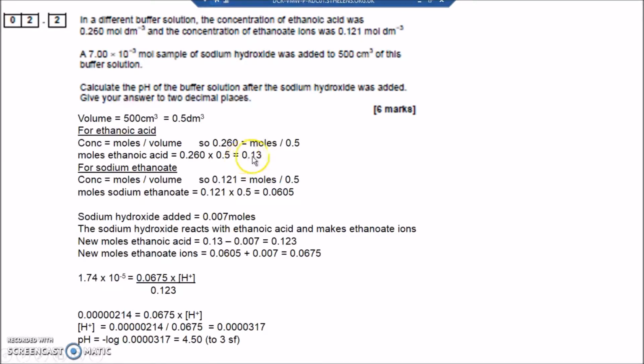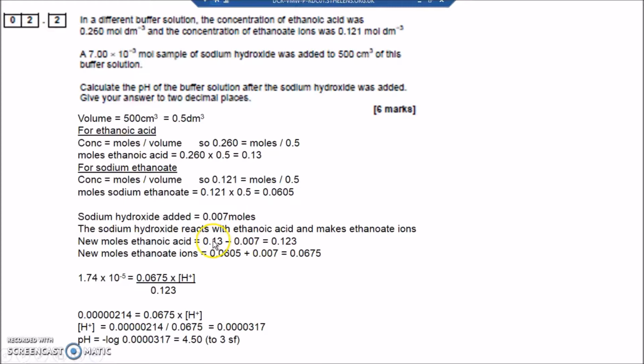So the amount of ethanoic acid that I've got left is what I started with, 0.13, take away 0.007, because the sodium hydroxide is reacting. 1 mole of sodium hydroxide reacts with 1 mole of ethanoic acid, so 0.007 moles of sodium hydroxide will react with 0.007 moles of ethanoic acid. So 0.007 moles of ethanoic acid have been used up.